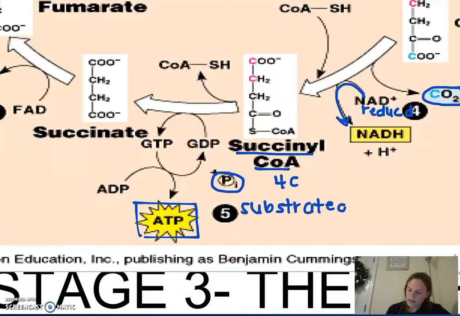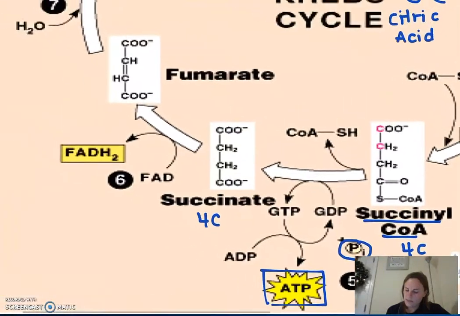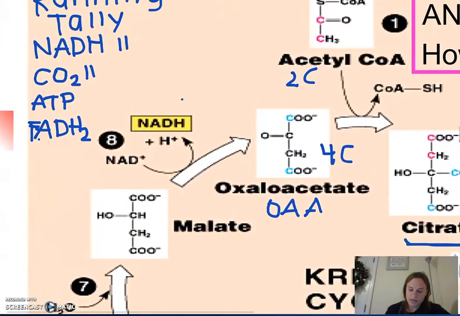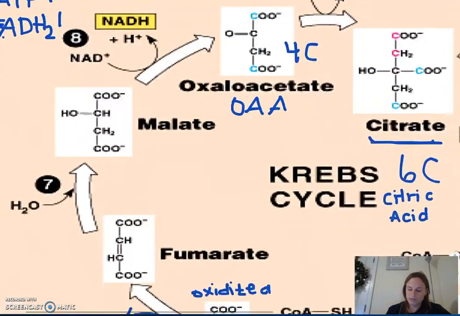Succinyl-CoA is not decarboxylated, so our next compound is also a 4-carbon compound called succinate. Succinate is going to get oxidized, which enables FAD to be reduced, giving us FADH2. So now if we return back to our running tally, we've got 1 ATP, and now we've got 1 FADH2.